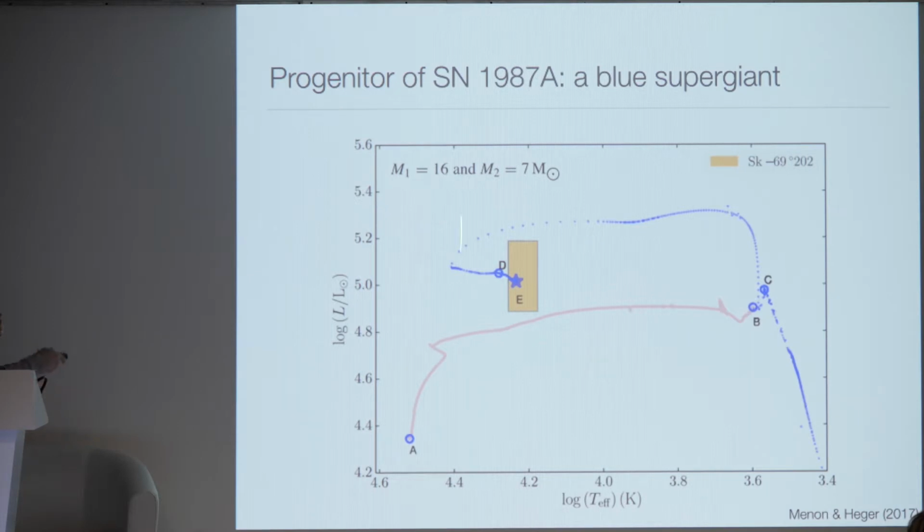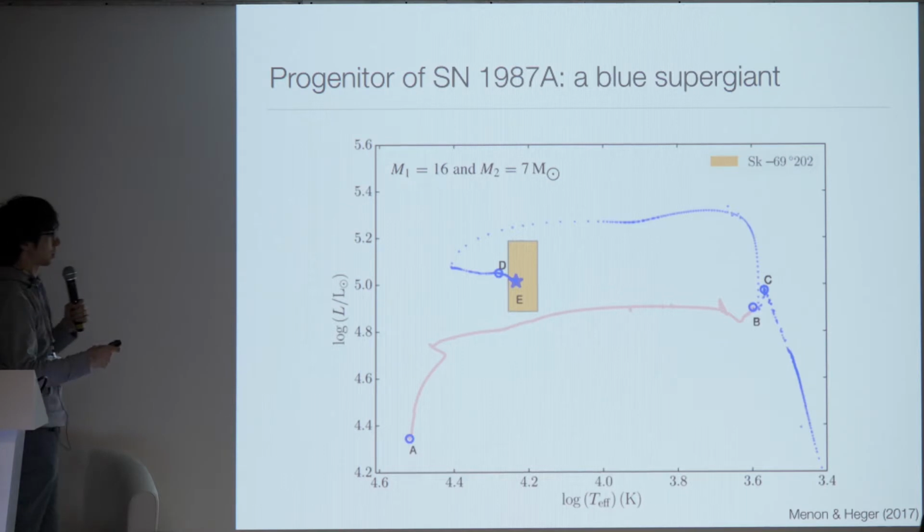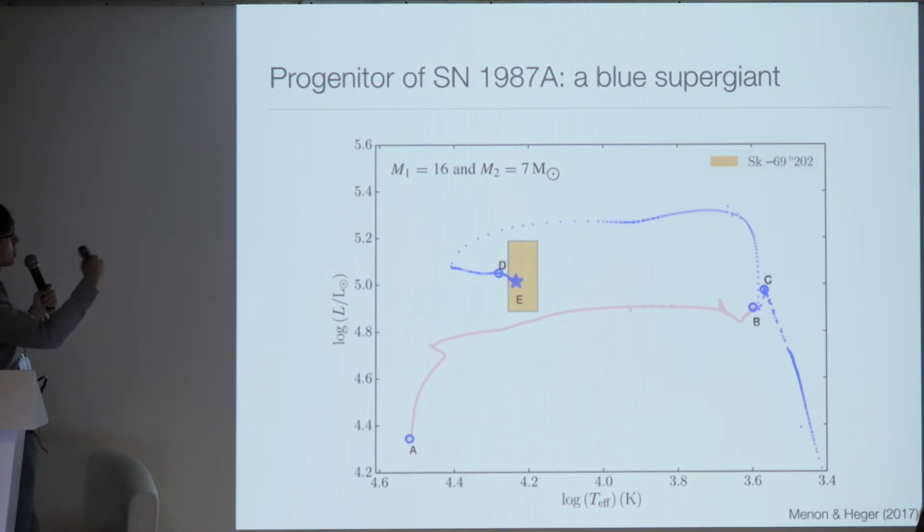This massive star evolves faster and expands, and when it expands, it transfers mass to the other star. So as this expands, the other star gains mass and gets brighter.